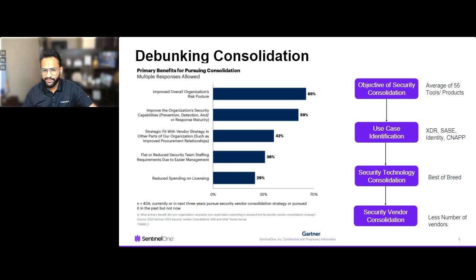And this is what I was talking about with use case. Not all the use cases can be accomplished with one single vendor. That's the reason we need to understand the use case that we are looking at, and then pursue the consolidation approach with technology consolidation and security vendor consolidation.